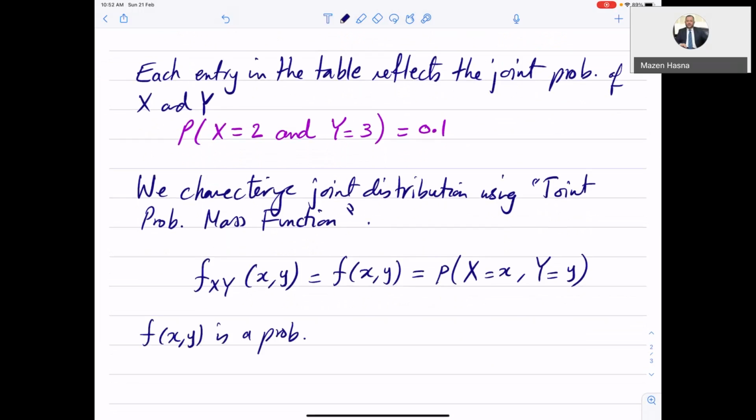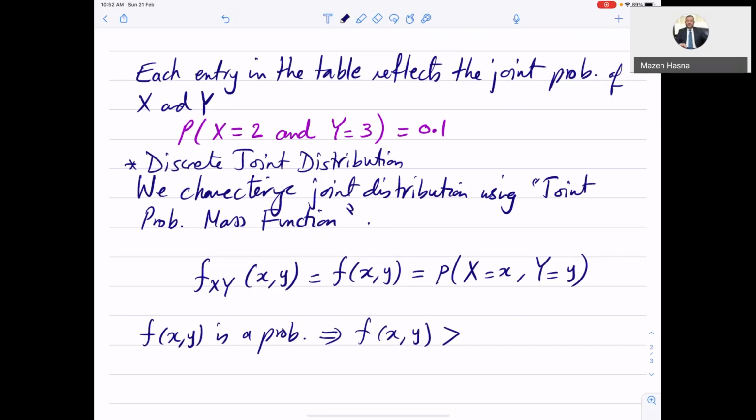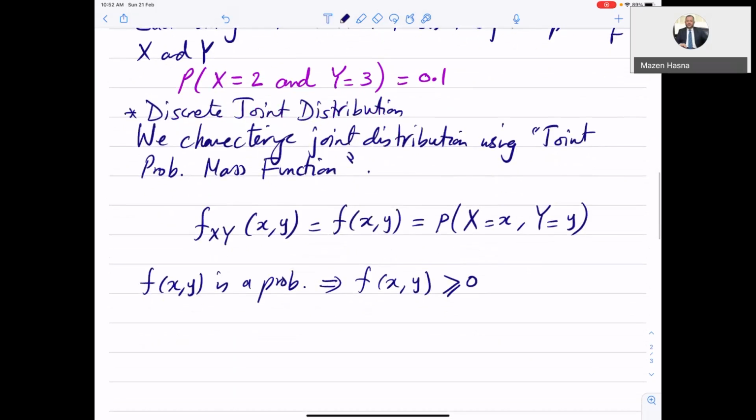So we start with the discrete joint distribution. f of x and y is a probability, which means that f of x and y is greater than or equal to 0. It should be positive. Also, summation: we used to sum over x. Now, if we sum over x and y, we should get 1.